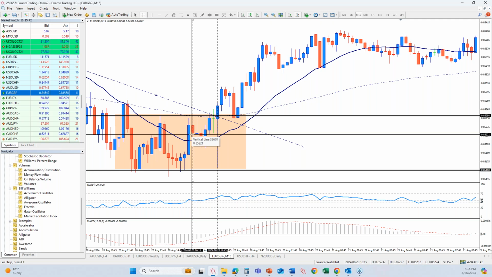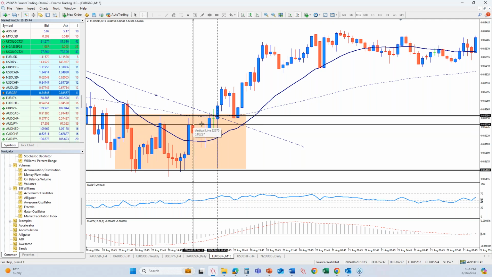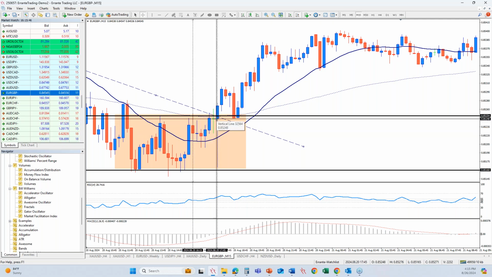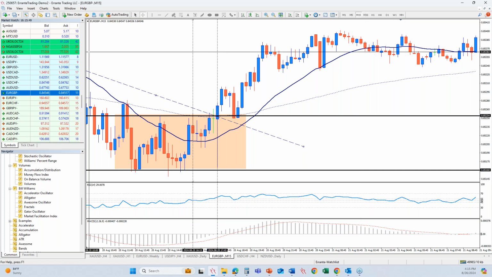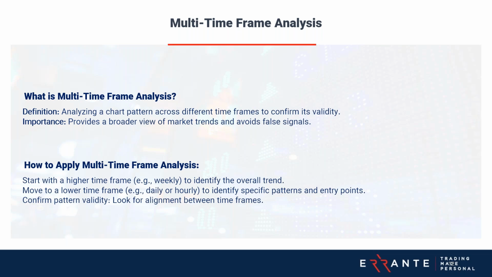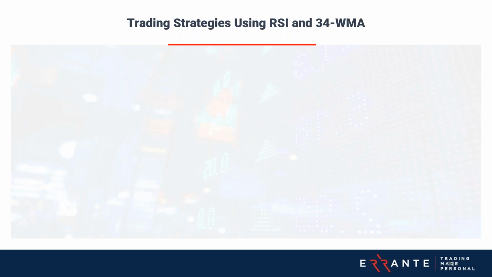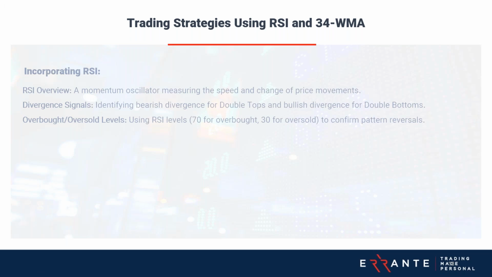So we don't have any confirmation at this point, but we have a very nice confirmation at this level, because the higher time frame is confirming the formation or the breakout of this neckline for us. And also, this is a way we can incorporate the RSI and MACD in our trades, as I discussed.